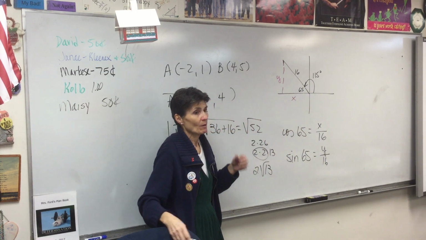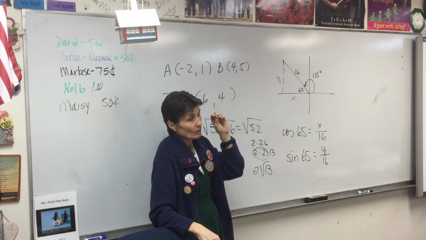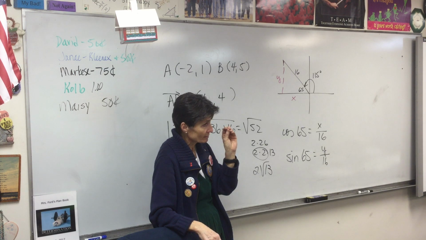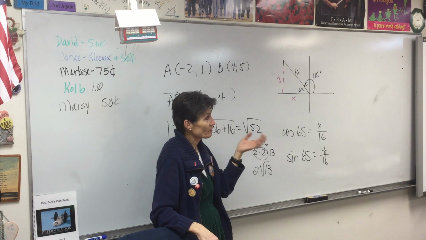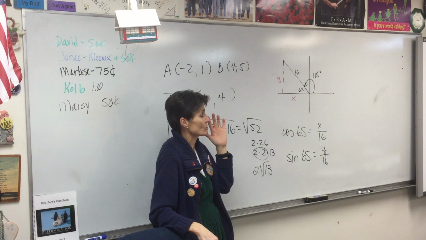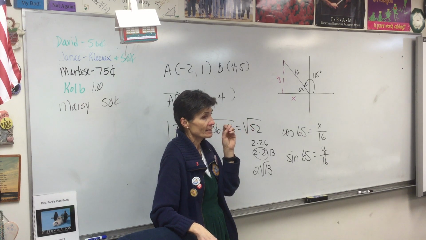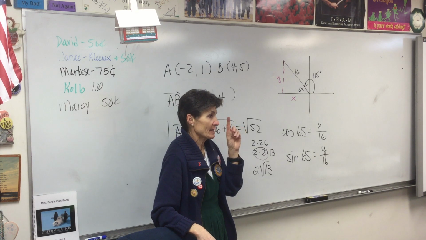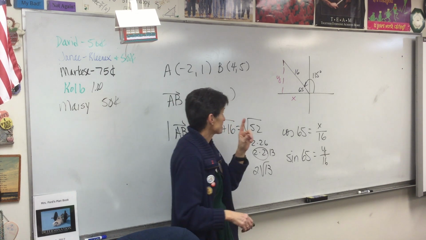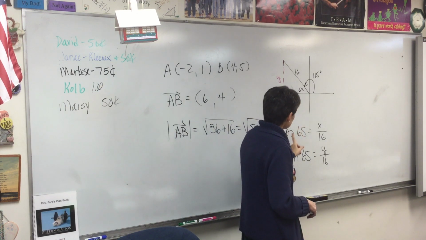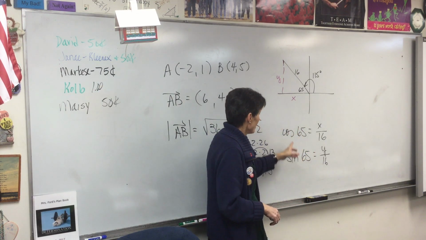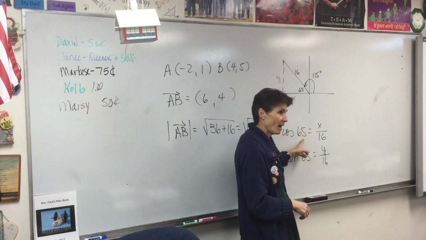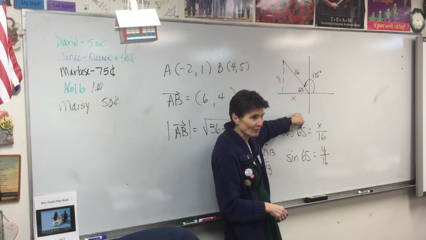Now, two things about this. Cosine, always x. Always. Not just in chapter 6, not just in pre-calculus, always. Sine is y. Always. Now the second thing is, when you're doing sine and cosine, the thing you take the cosine of, like this says cosine 65, has to be an angle.